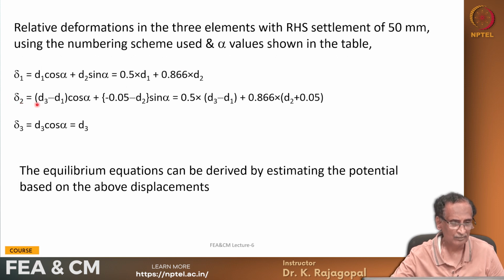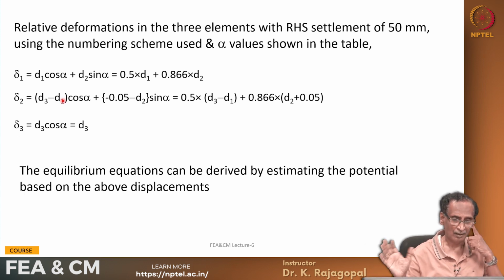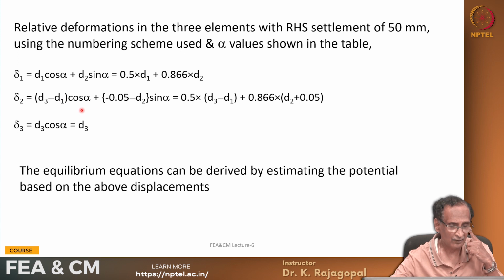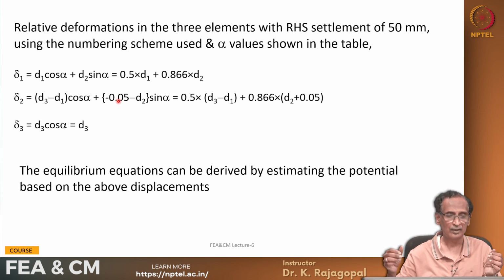And delta 2, d3 minus d1, is the relative deformation along the x-axis, multiplied by cosine alpha. And then at node 3, the displacement is minus 0.05, and at node 2 it is d2.